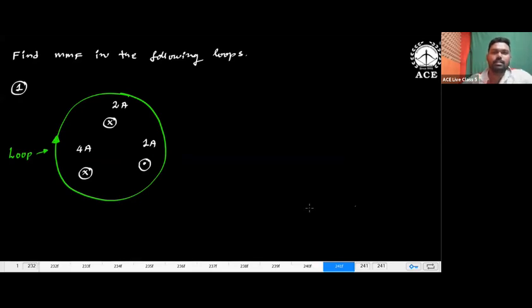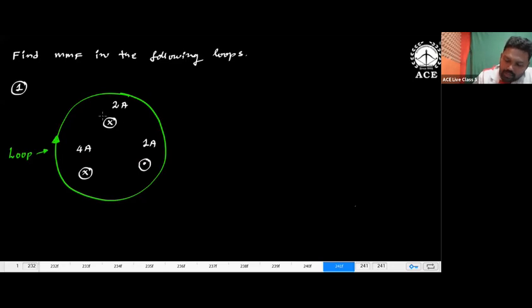Yes, beta, what is the answer? 5 amperes. Positive 5 amperes or negative 5 amperes? What reference needs to be taken here? Observe carefully, simple things. You need to consider only the current enclosed, beta. Here 2 amperes is going inside, 4 amperes inside, 1 ampere outside. If it is inside, what is the direction of magnetic field?